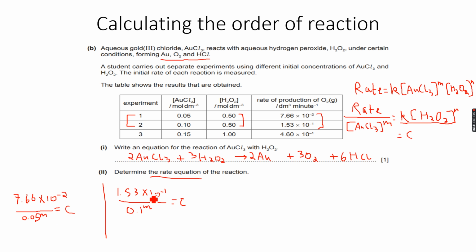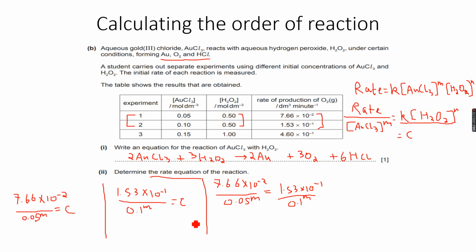So now, since both these terms are equal to c, I can equate them, and when I equate them, I get 7.66 into 10 to the power of minus 2 over 0.05 to the power of m is equal to 1.53 into 10 to the power of minus 1 over 0.1 to the power of m.